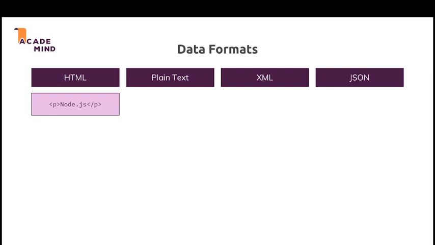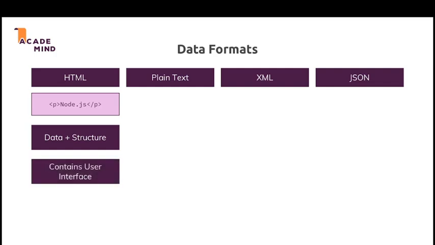So this is how we could send data. HTML code contains both the data and the structure, of course. The HTML elements, the CSS styles we might be adding, that all adds structure and design, and what is between the HTML elements is our data. So therefore, this also contains our user interface. It defines how our user interface should look like.